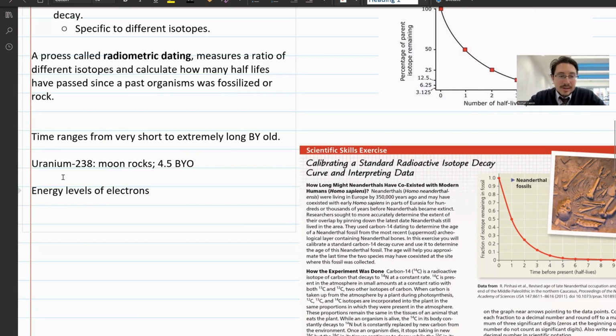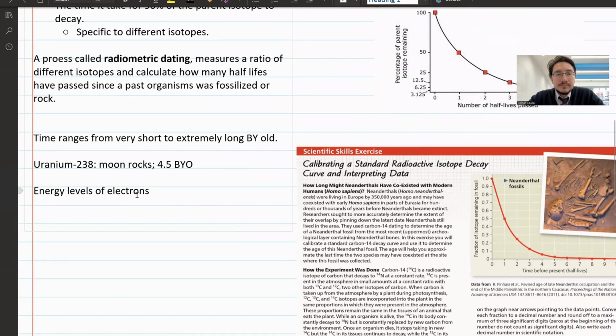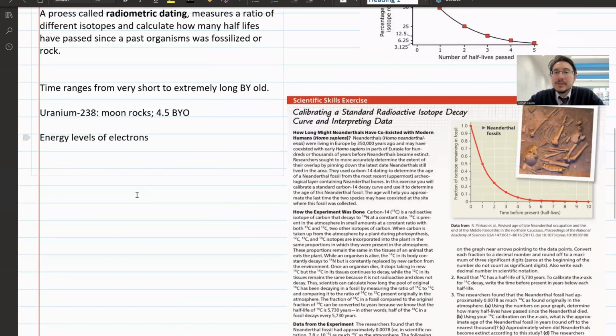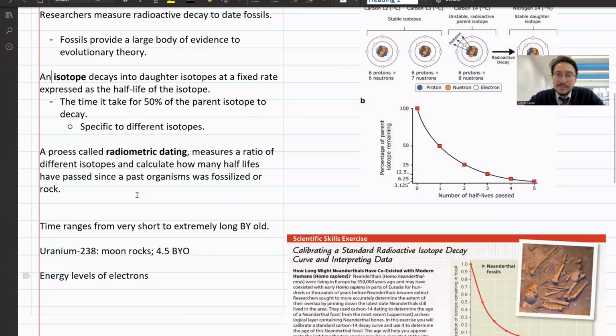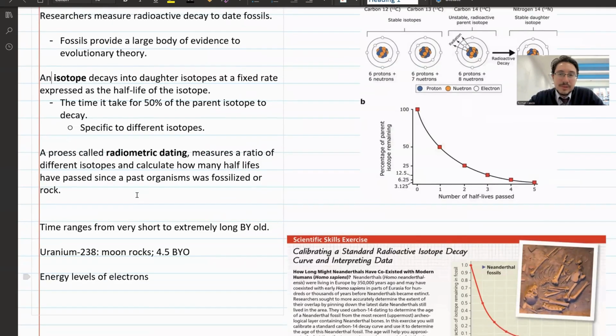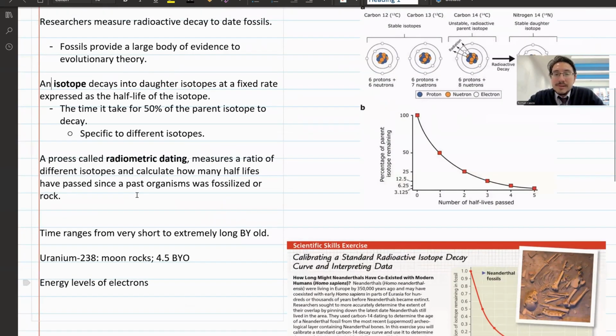As I mentioned before, uranium 238 has a very, very long half-life, so scientists can use that to measure the age of the Earth, 4.5 billion years old. And again, we get into this a lot more in evolution.